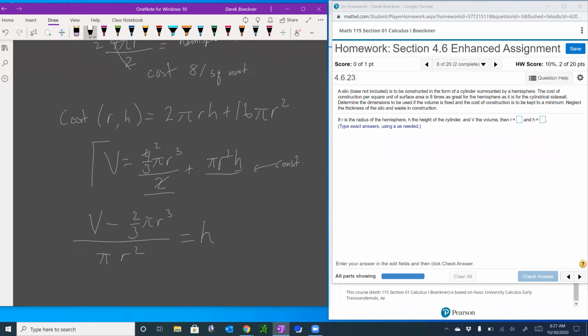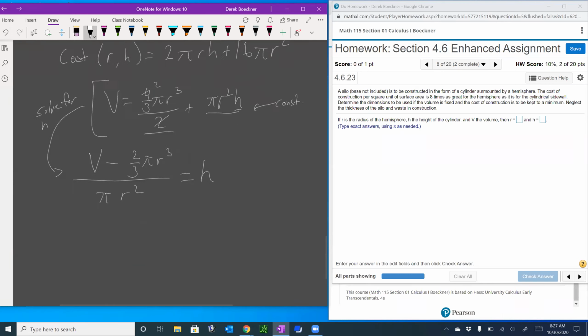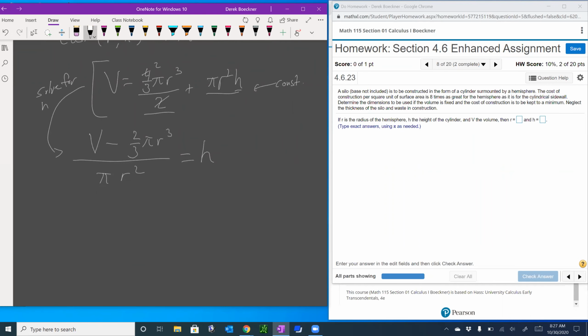If I solve this constraint for h, I end up with that, which we can simplify a little bit. This will be volume over pi r squared minus 2r over 3, because the r squareds on this cancel, and the 2/3 stays, but the pi cancels. That's equal to h.